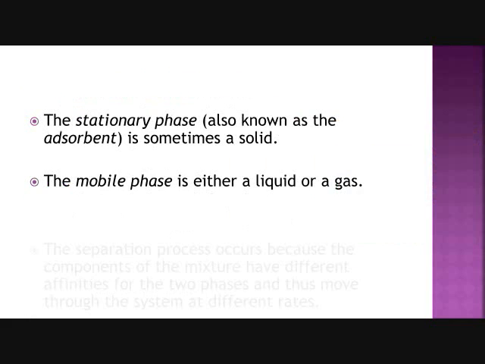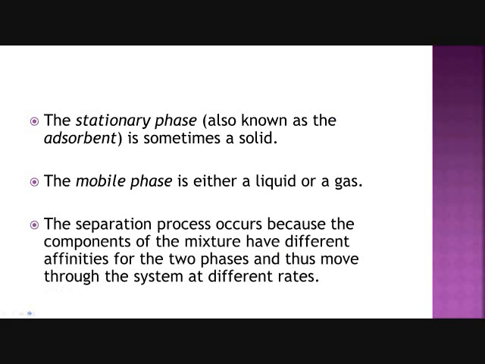Some definitions: the stationary phase is sometimes a solid, and that's also known as the adsorbent. The mobile phase is either a liquid or a gas. The separation process occurs because the components of the mixture have different affinities for the two phases and thus move through the system at different rates.